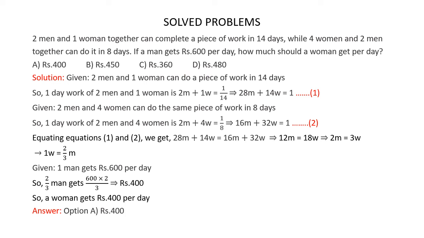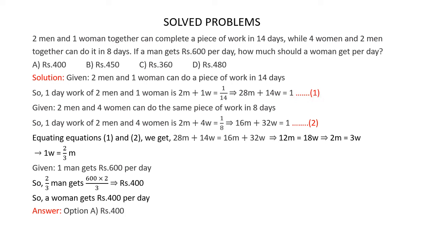Now it's given that 2 men and 1 woman can do a piece of work in 14 days. So 1 day work of 2 men and 1 woman is 2m plus 1w is equal to 1 by 14. On cross multiplication, we get 28m plus 14w is equal to 1. This is equation 1.